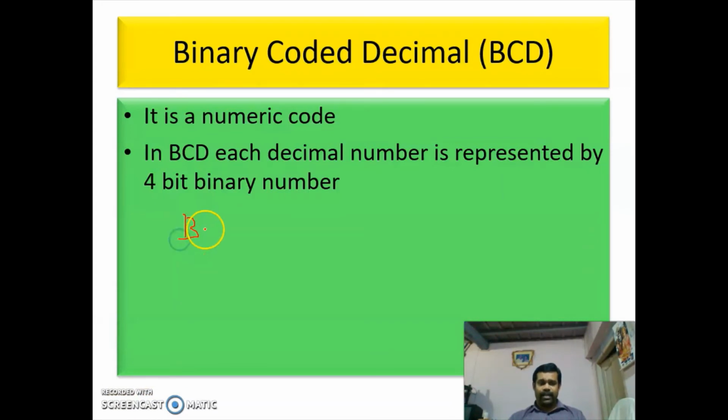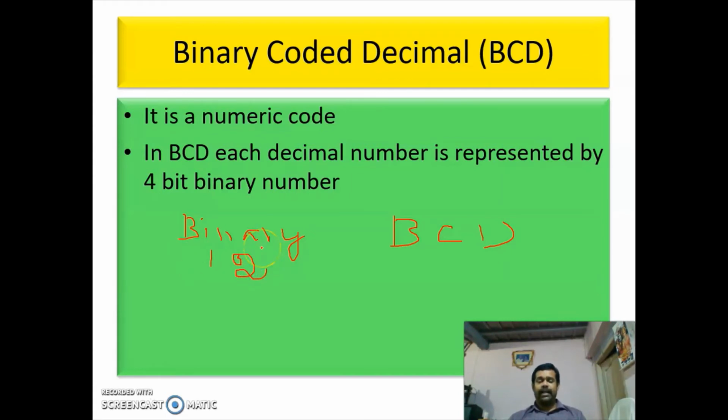First we will see the difference between binary and BCD. I am taking the number 12.